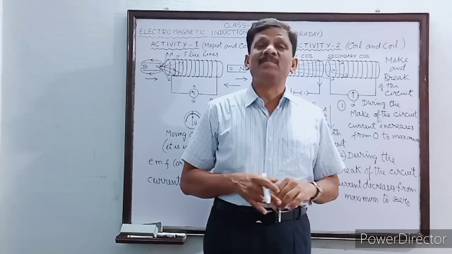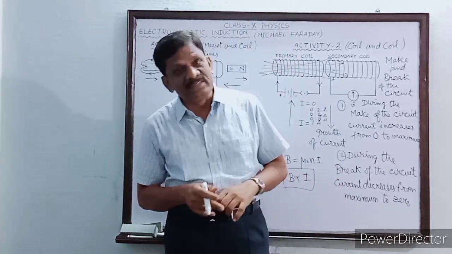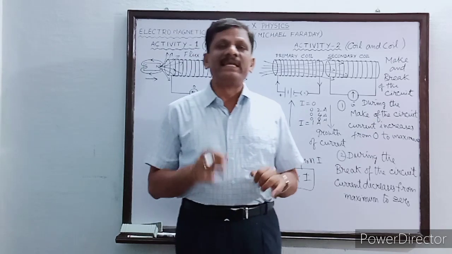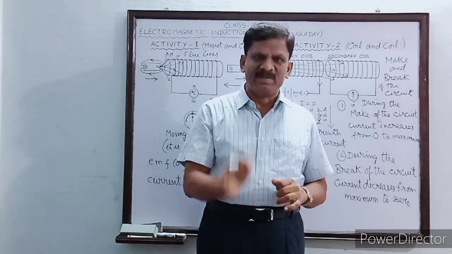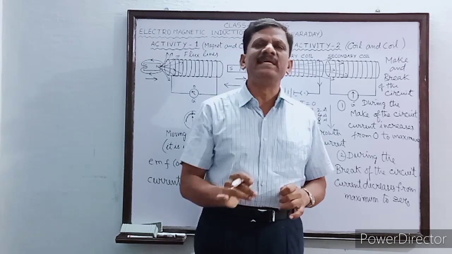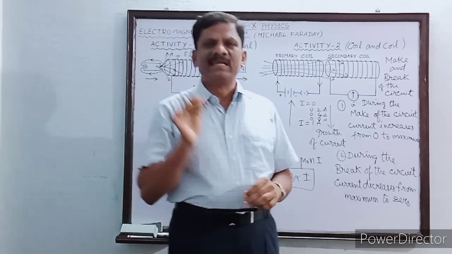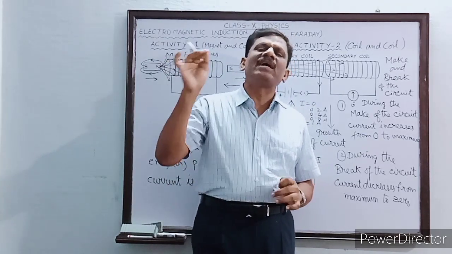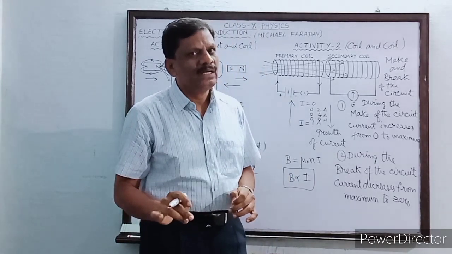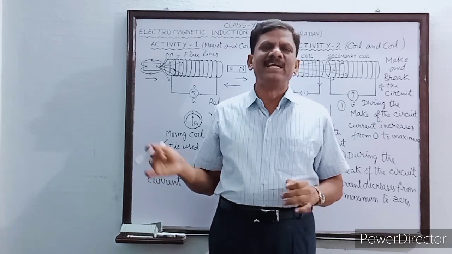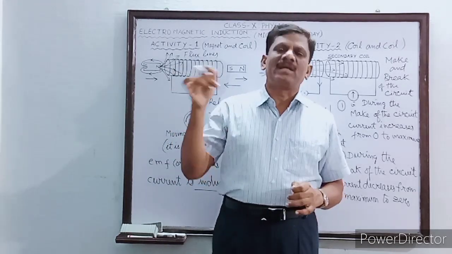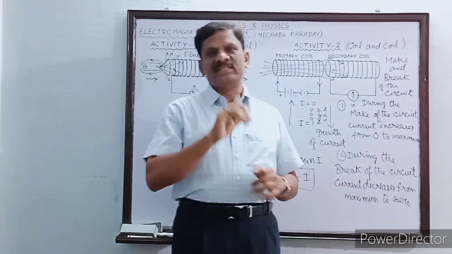So what is the statement of electromagnetic induction? Electromagnetic induction is defined as the phenomenon of inducing an EMF and hence a current in a closed circuit whenever the magnetic field lines linked with the circuit or coil change.